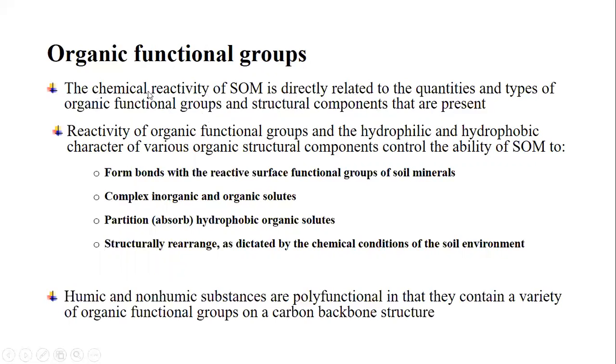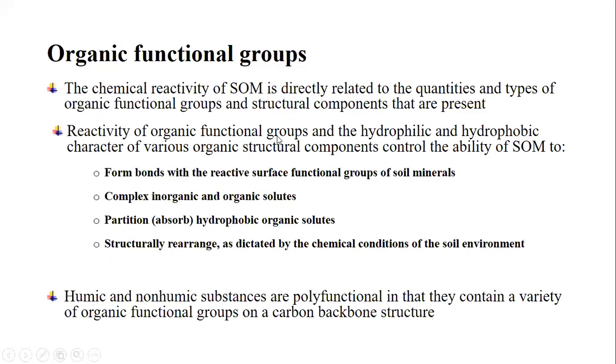So how reactive it is, how much it reacts with the inorganic and with the organic, will be dictated by the types and how many of those functional groups. We will study the different types in a minute.